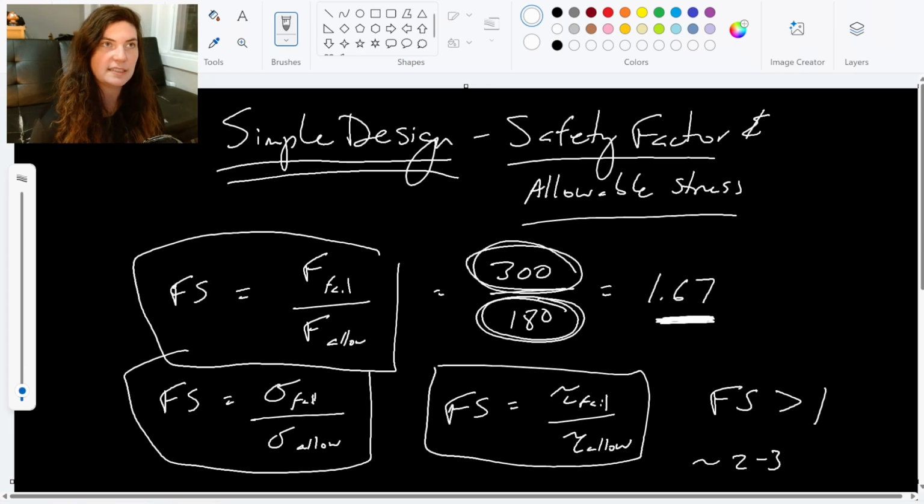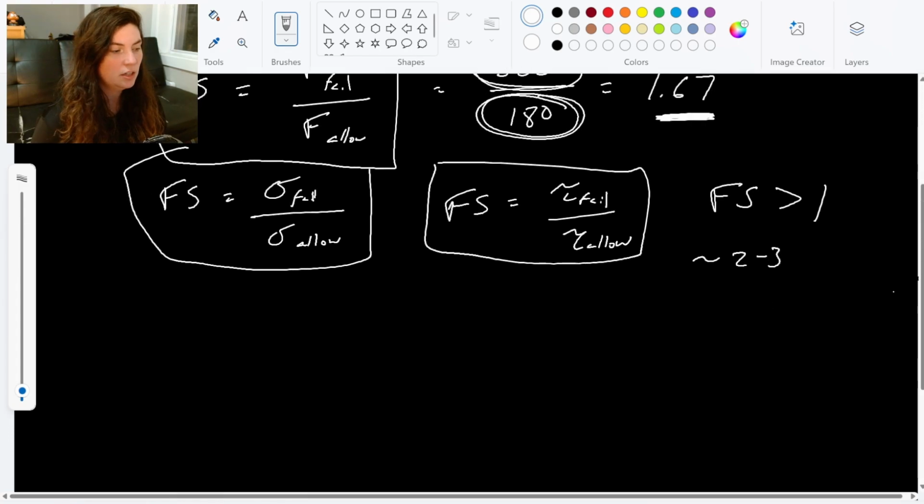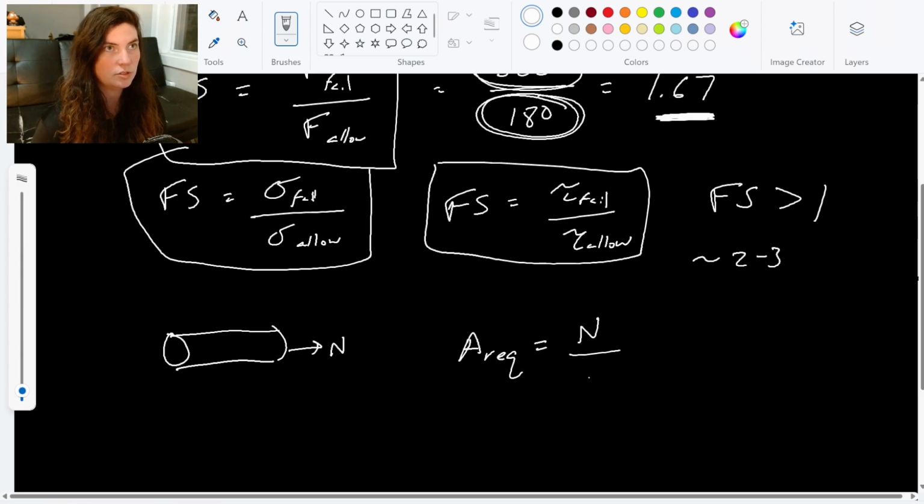Another really great thing that this allows us to do is calculate area required for a certain design. So let's say, for my normal stress, I have some rod like this, with a normal force on it. I can calculate area required using my normal stress equation. So there's my normal force over the allowable stress.